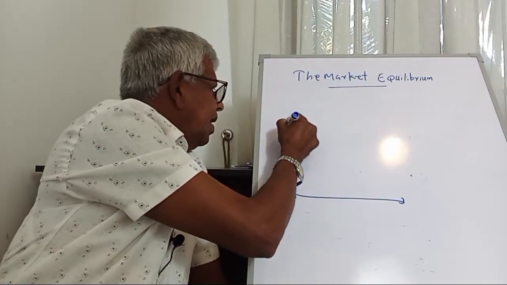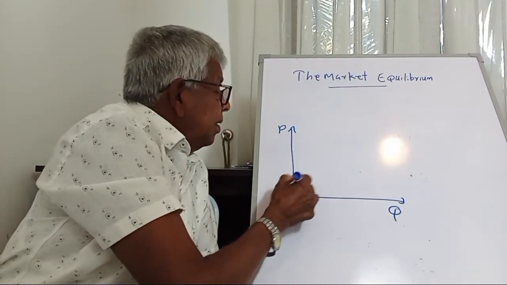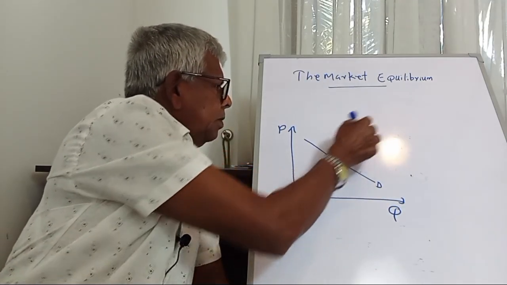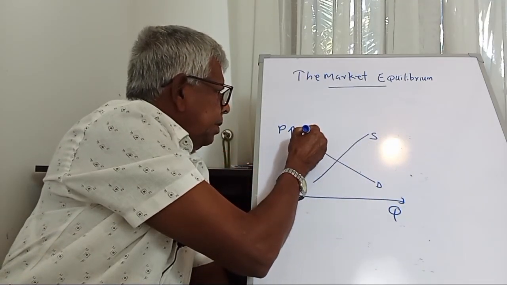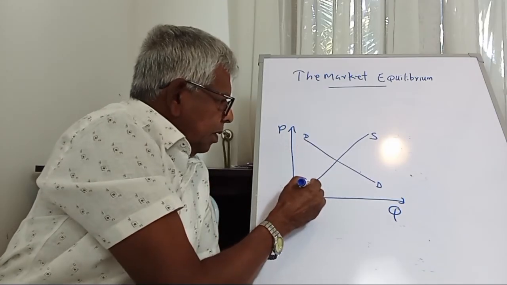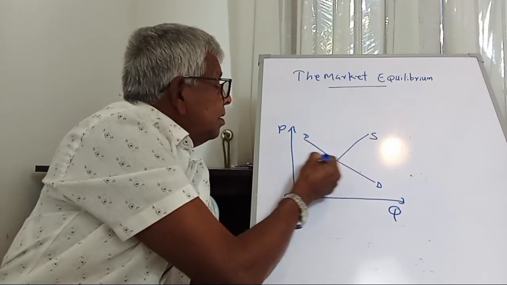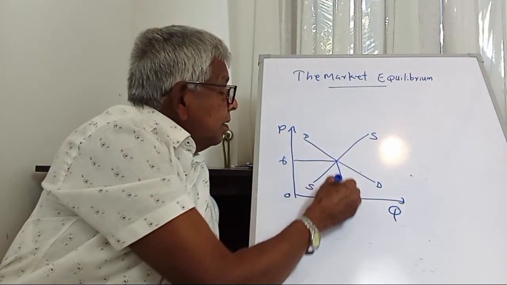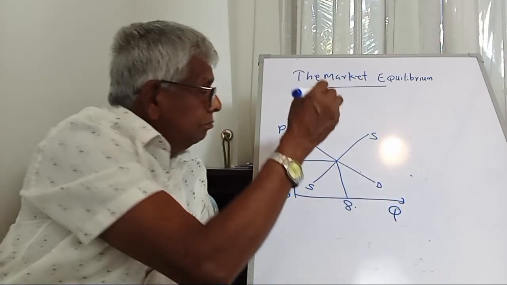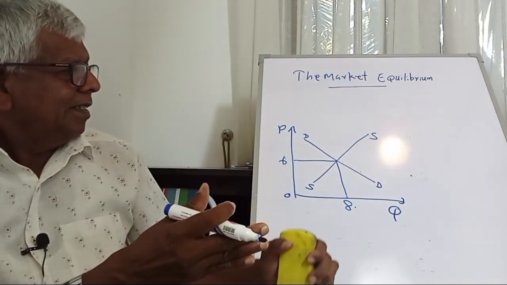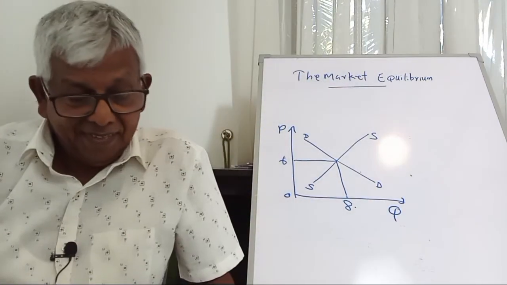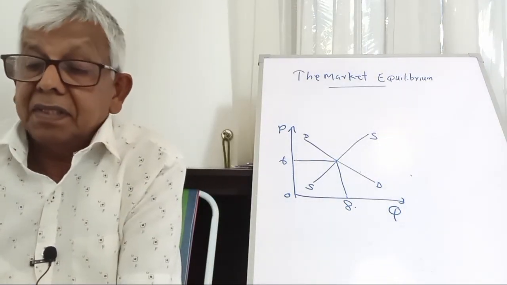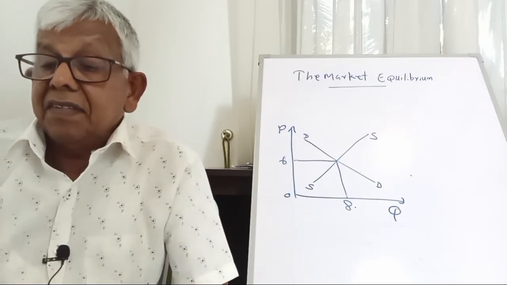Price and quantity, demand curve D, supply curve S. Here, 6 rupees, 8 units.